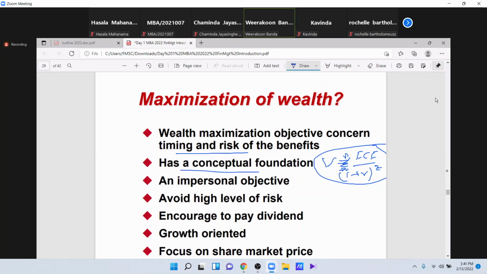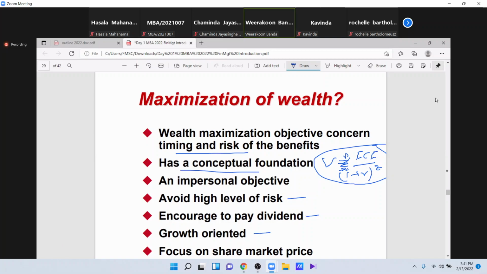Avoid high levels of risk. If it is an ethical, lawful business, then we maintain some particular level of risk, and it does not involve a high level of risk. Encourage paying dividends; every time they are concerned to pay dividends.